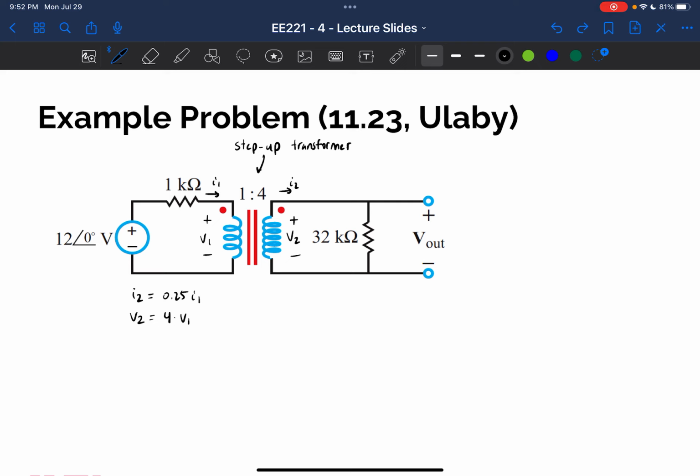There are things called current transformers, which have different specs, but we're talking about voltage transformers here. So the step-up transformer is referring to the fact that the voltage is being stepped up from primary to secondary. Okay, so just wanted to clear that up.